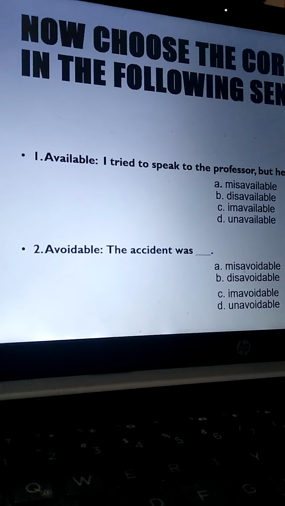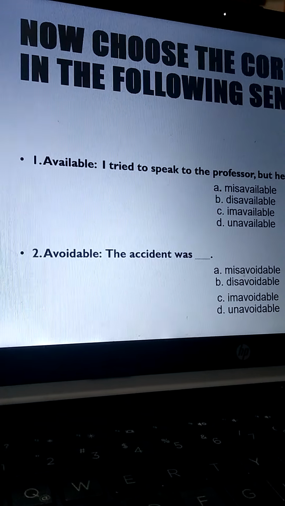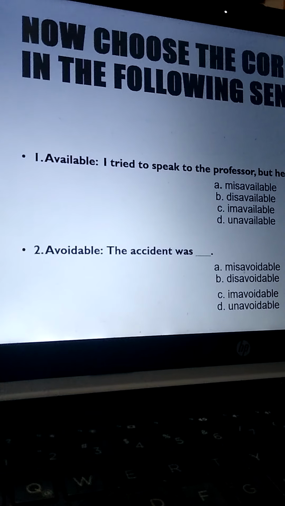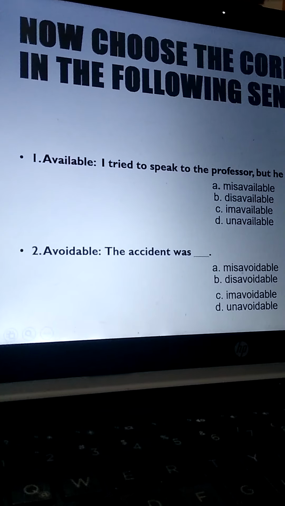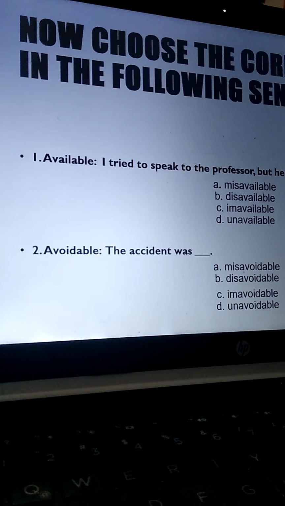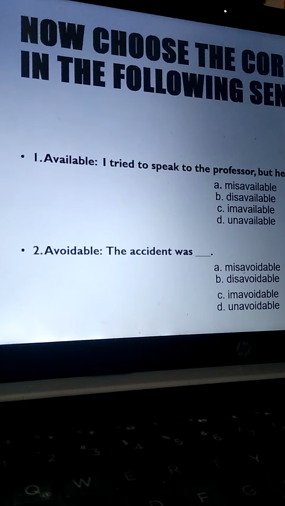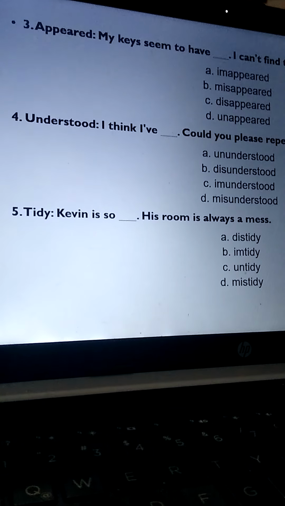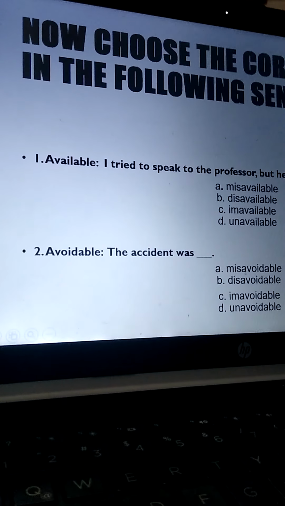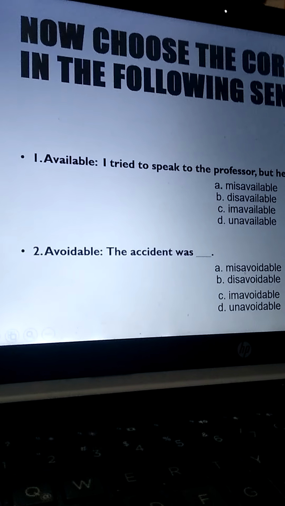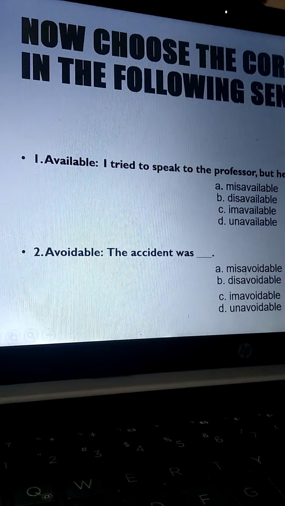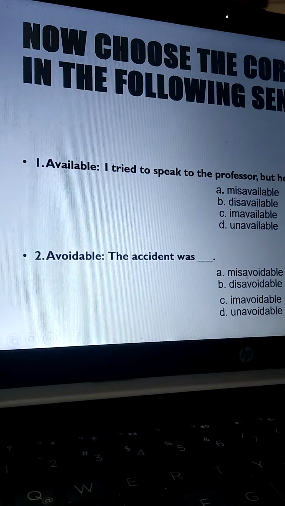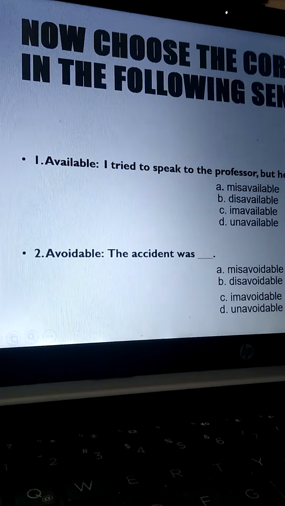Okay, now we have here a little exercise to try. I think there are only eight. Let me check. I made this presentation last Monday. So this is just the way we form a word with a prefix, okay?